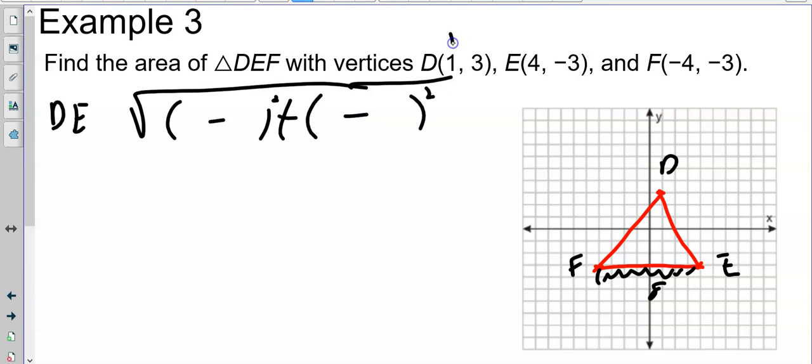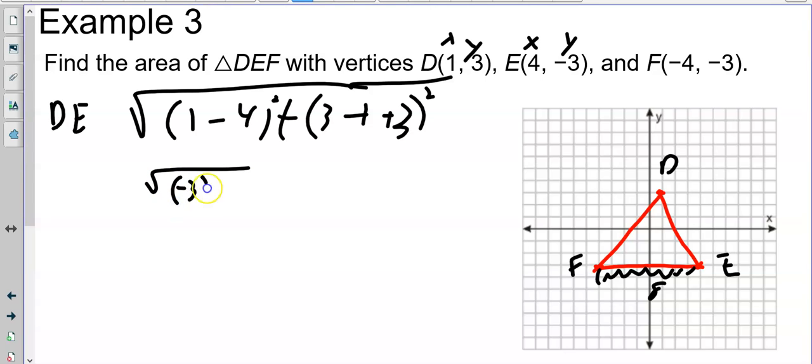Okay, so D, x is 1 and 4. Y is 3 and -3. Again, that's going to become plus. So this is going to give me 1 minus 4 is -3, but we're going to square it, so it'll become positive.